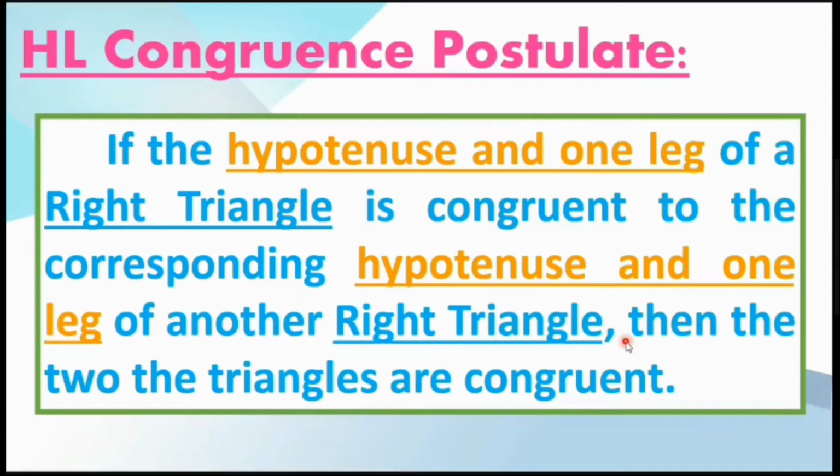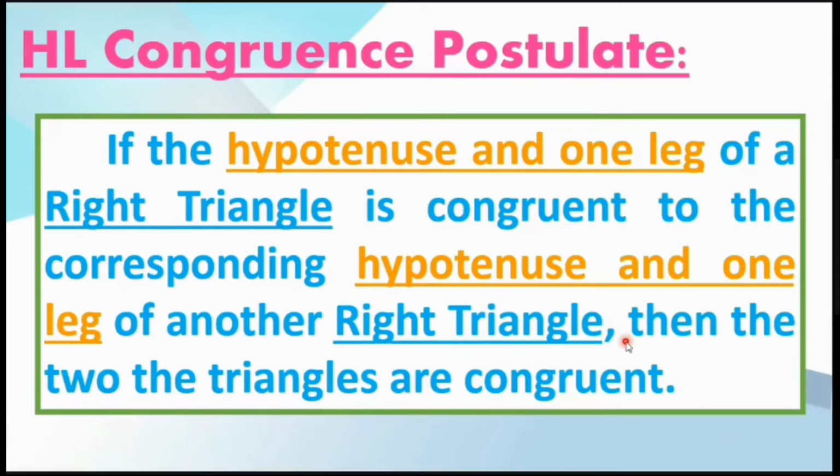Again, let me emphasize that the HL congruence postulate is only used to prove congruence between two right triangles. When we say right triangle, one angle of the triangle should be 90 degrees.